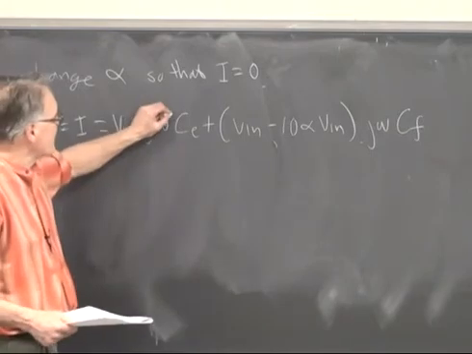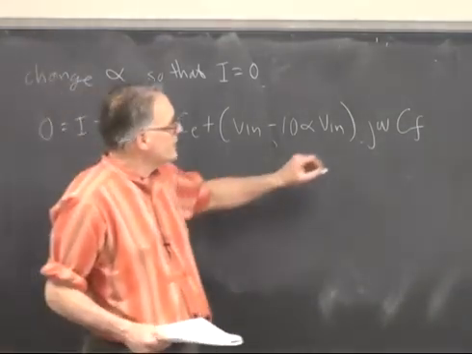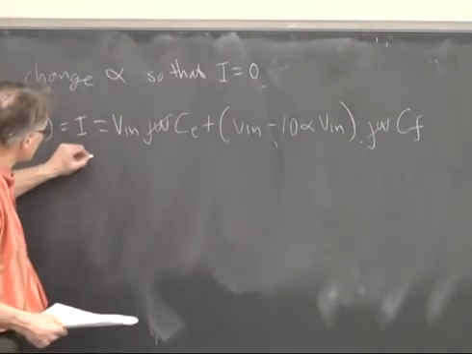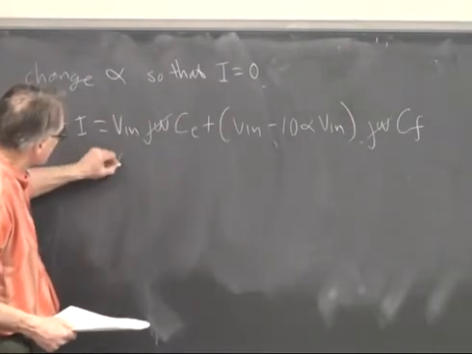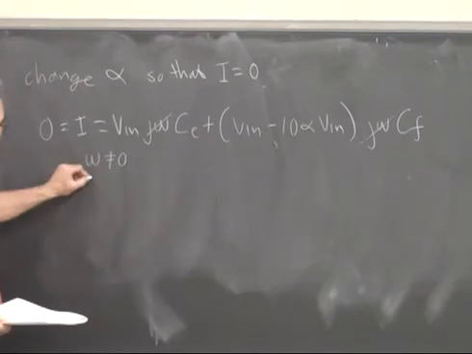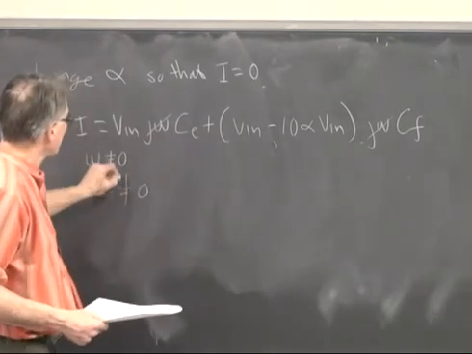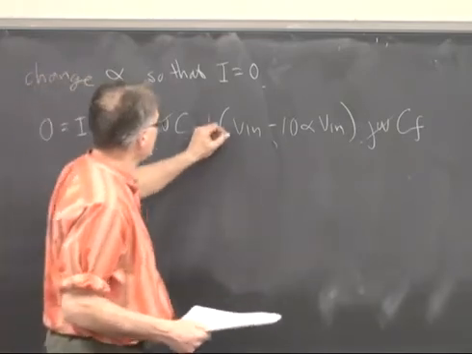As long as omega is not 0, we can divide through by omega. As long as V in is not 0, we can divide through by V in.